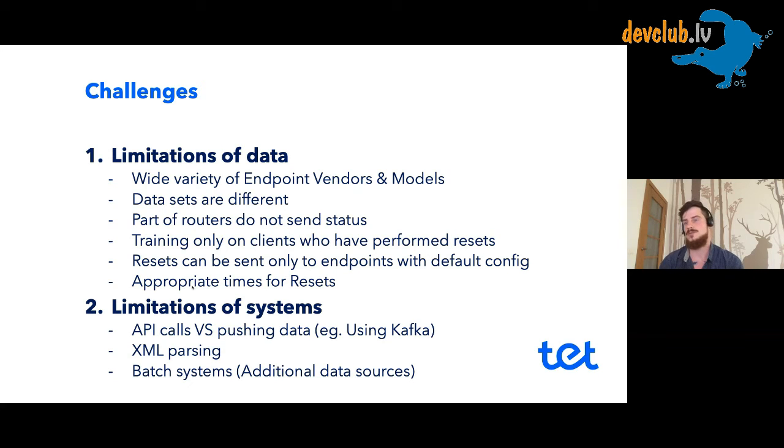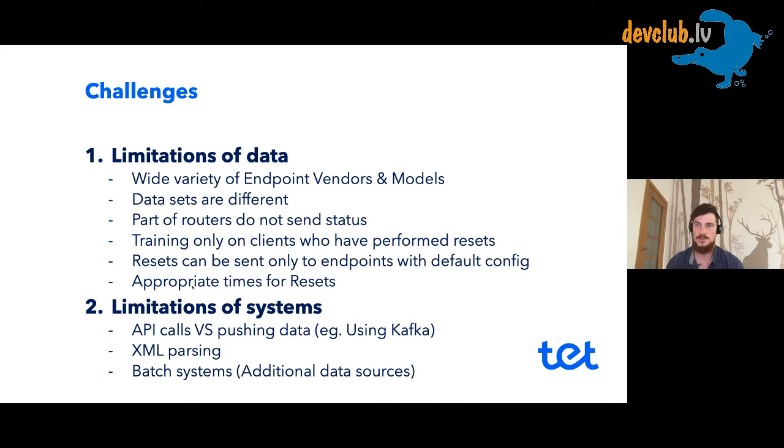And the limitations of the systems. Some systems are by design batch, and if we are using some additional data sources that cannot give us data as a stream or cannot reply to constant querying, this obviously is a problem.